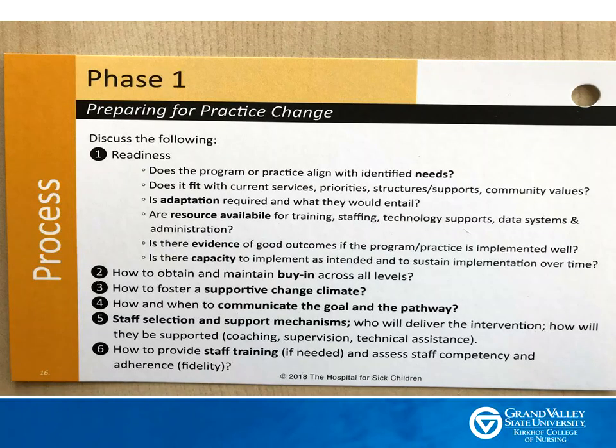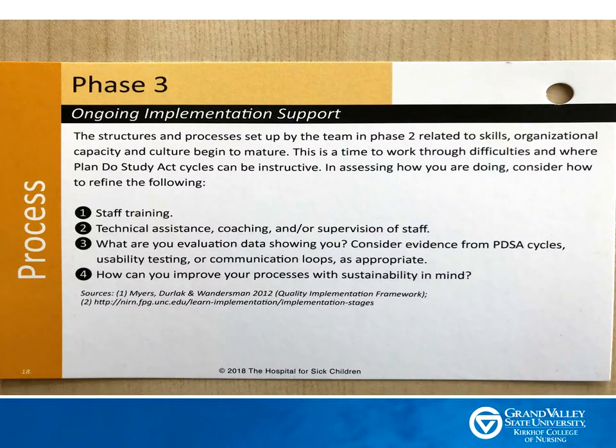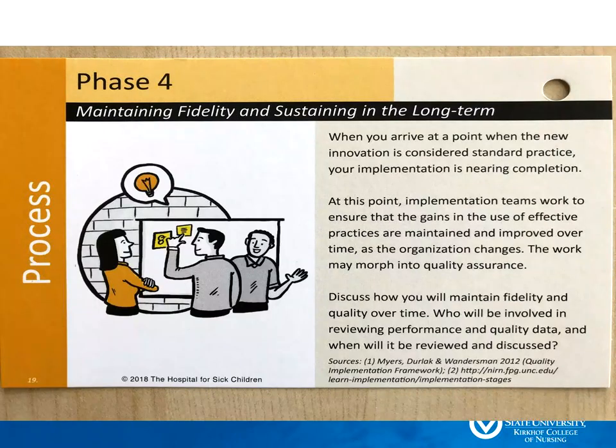To prepare for your practice change, you think about doing your assessment and what your organization looks like, and what you would need to do the quality improvement, and then how you would sustain it over time. So in essence, for this week, what you're doing is an organizational assessment and SWOT and completing the mini paper that you will be submitting in Blackboard.